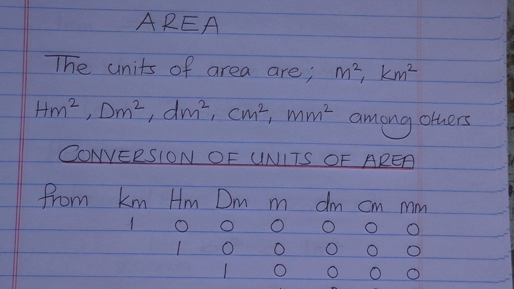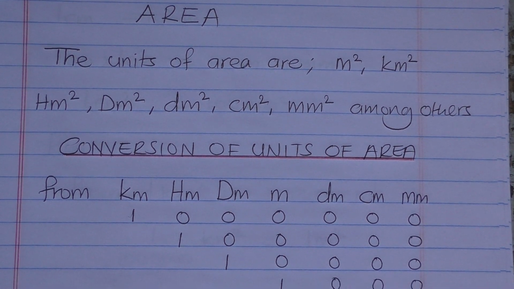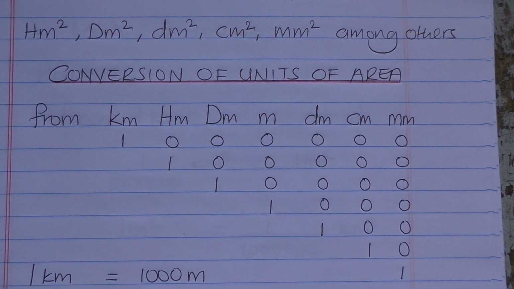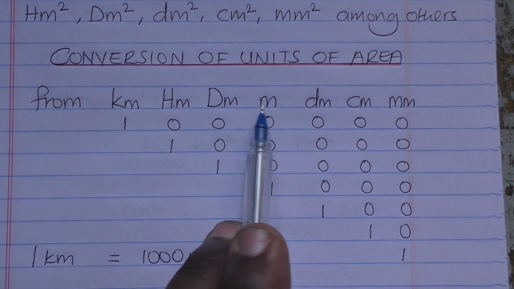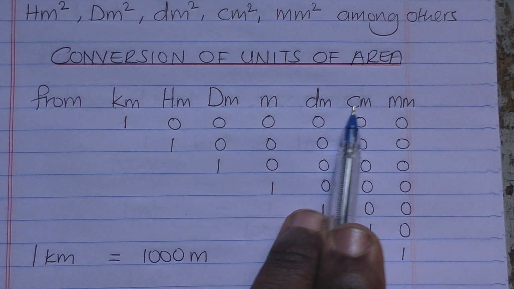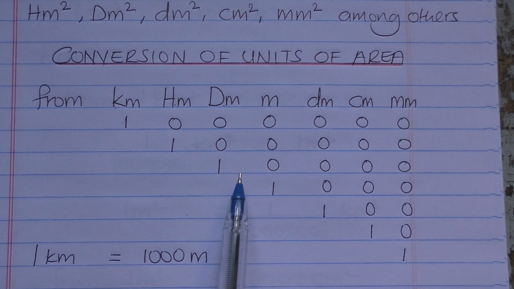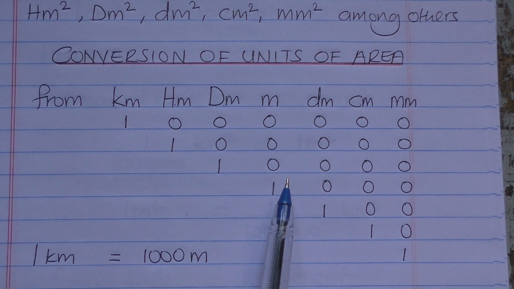So we shall be looking at how we convert from one unit of area to another. We shall also put into consideration our formula for converting from one unit to another. That is, King Henry died drinking chocolate milk. This kind of formula helps us to know the equivalence of one unit in terms of the other.